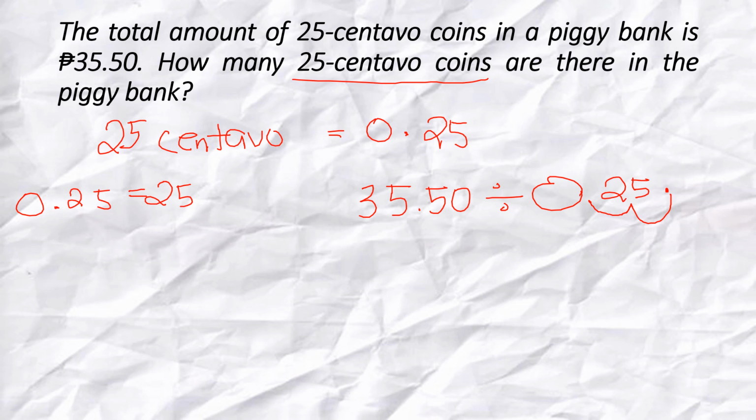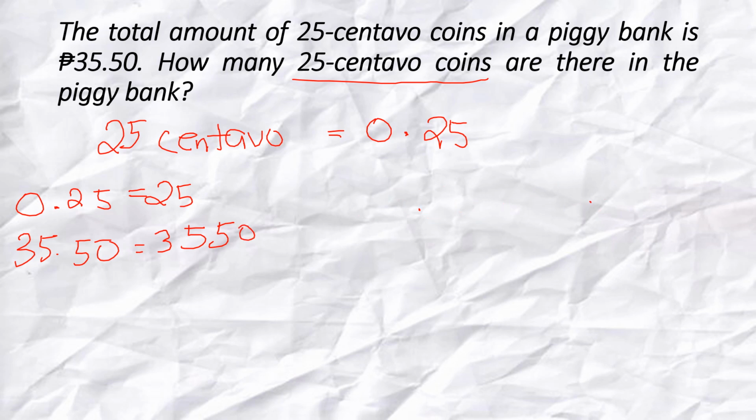Since we moved 2 spaces to the right in your divisor, we have to move also 2 spaces to the right in your dividend. So from 35.50, it will now become 3,550. We can now divide these two given numbers.